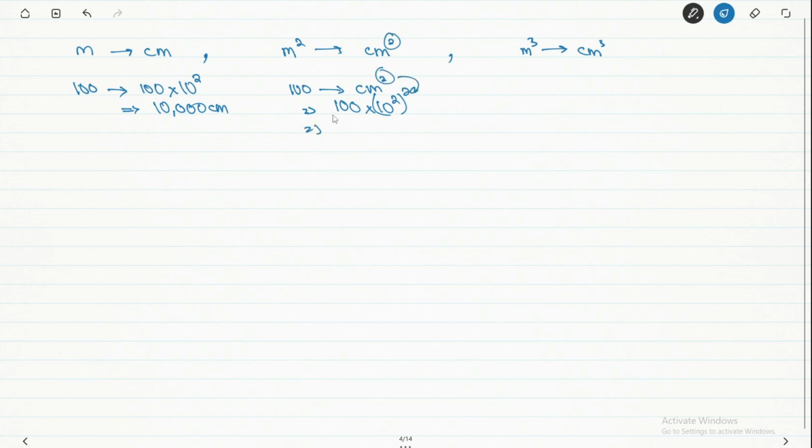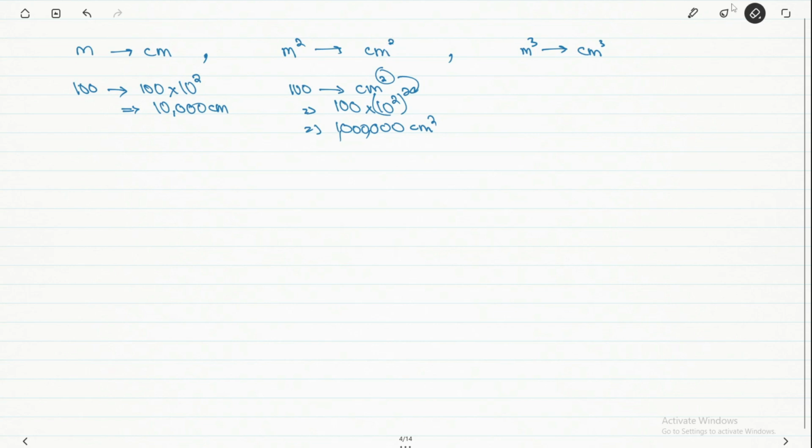So the answer would now be 1 million cm square. So you can see that conversion increases exponentially when you're taking area, volume, etc.